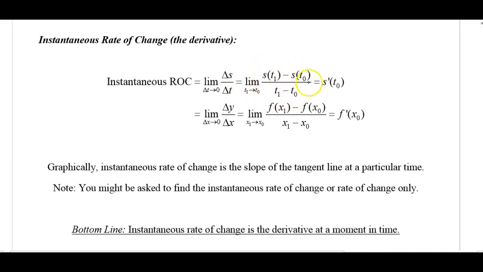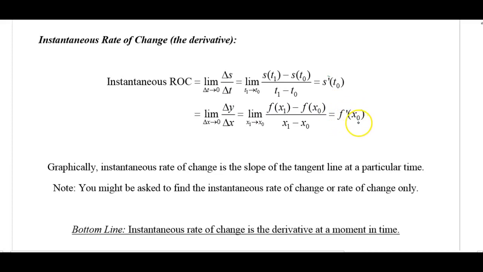This is exactly the limit of a difference quotient, so this is s prime of t0. This is the derivative of the position at a particular time. In other words, instantaneous rate of change is equivalent to the derivative at a particular moment in time. Or we can generalize it with y's and x's: the limit as delta x approaches 0 of delta y over delta x, which translates to this difference quotient, f prime of x0.